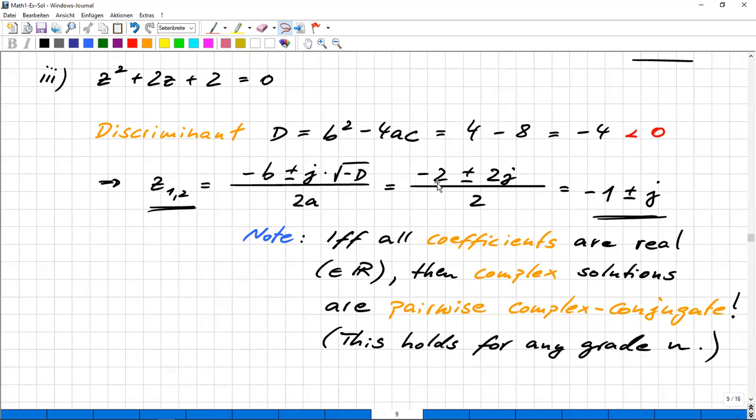So we get -2 plus or minus j times the square root of 4, which is +2. Of course, then we have the case distinction plus or minus 2j, and below it's 2 times 1 equals 2. Reducing to lowest terms, we get -1 plus or minus j.